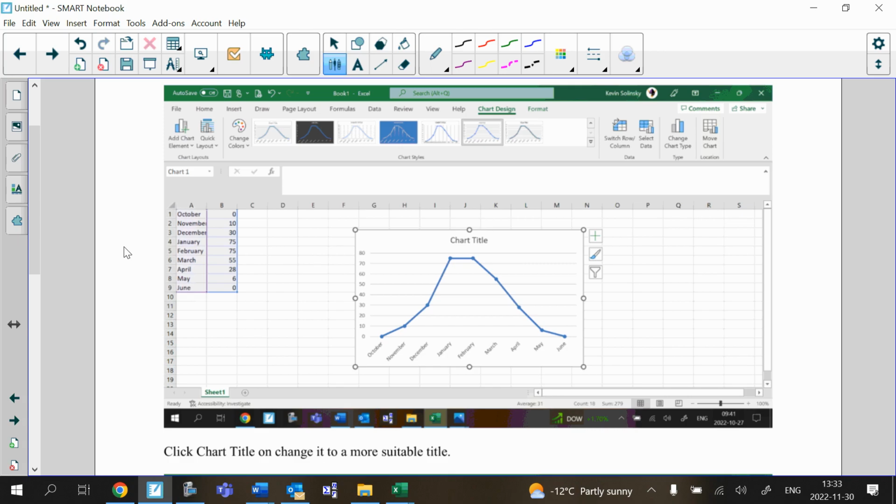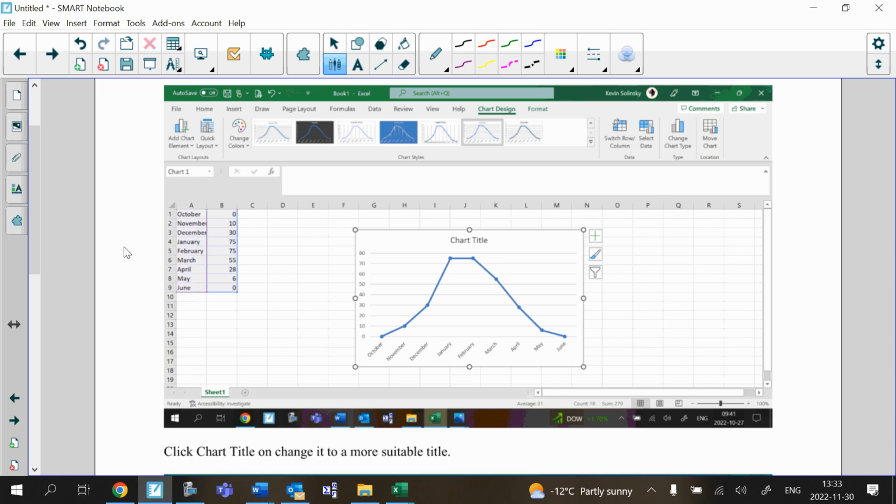You could do 3-dimensional. Although I find that some of those 3-dimensional ones, the bar graph, the histogram, and the line graphs, they're actually hard to read. I think it's the second one you choose.